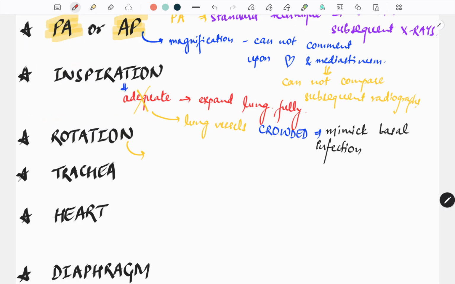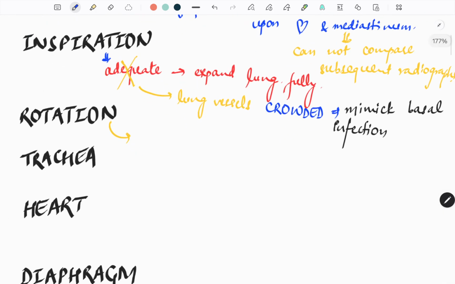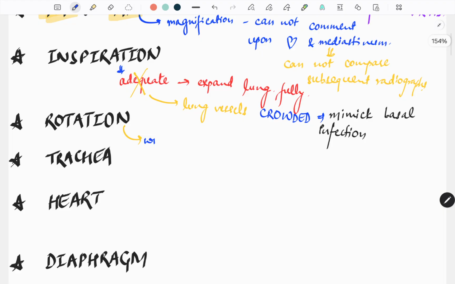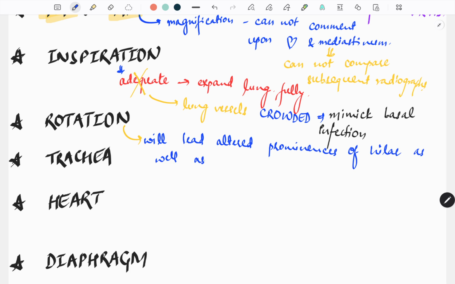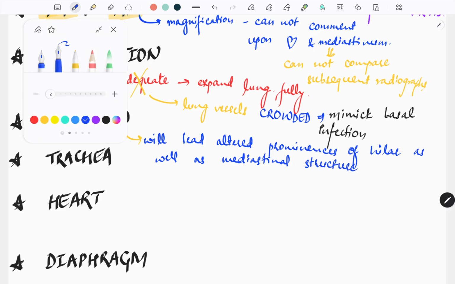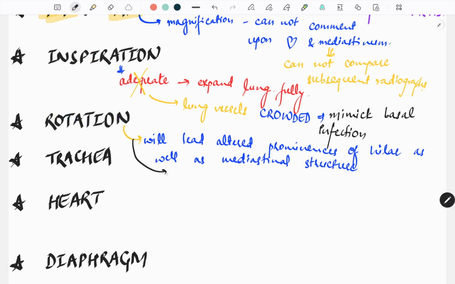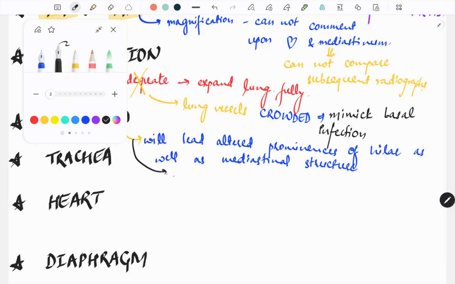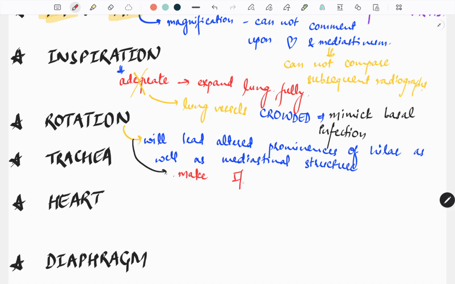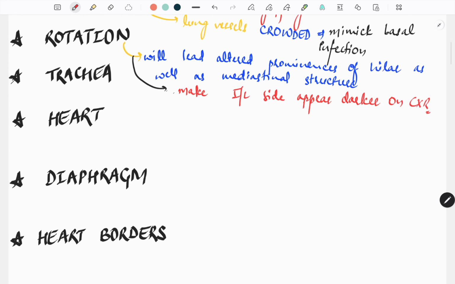A rotated X-ray will lead to altered prominences of hilar as well as mediastinal structures, as well as will make the ipsilateral side appear darker on chest X-ray.